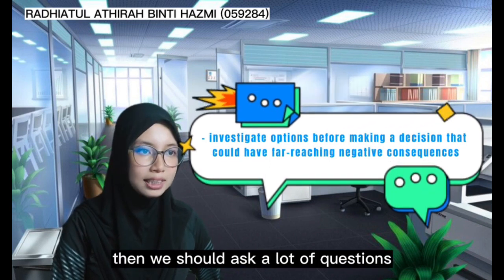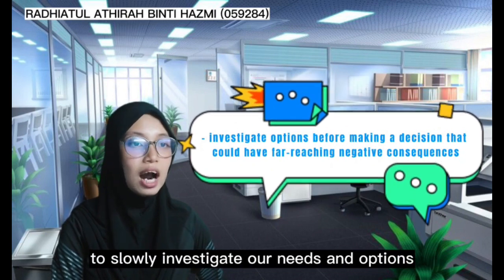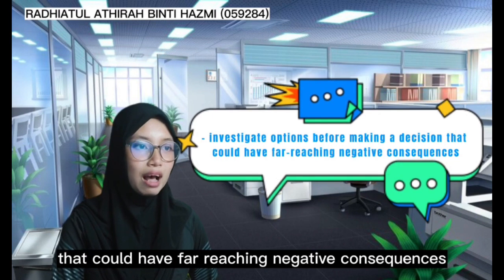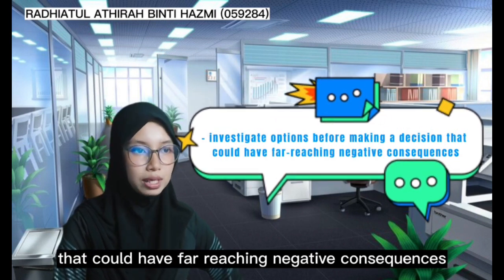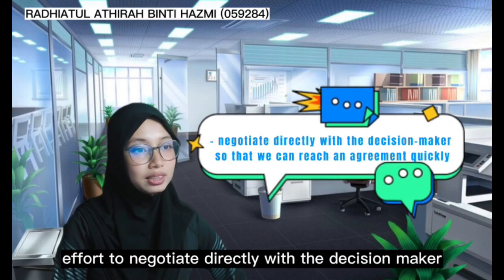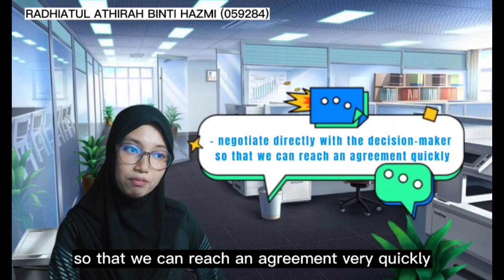Then we should ask a lot of questions and take more time to fully investigate our needs and options before making decisions that could have far-reaching negative consequences. Also, make an effort to negotiate directly with the decision maker so that we can reach an agreement very quickly.